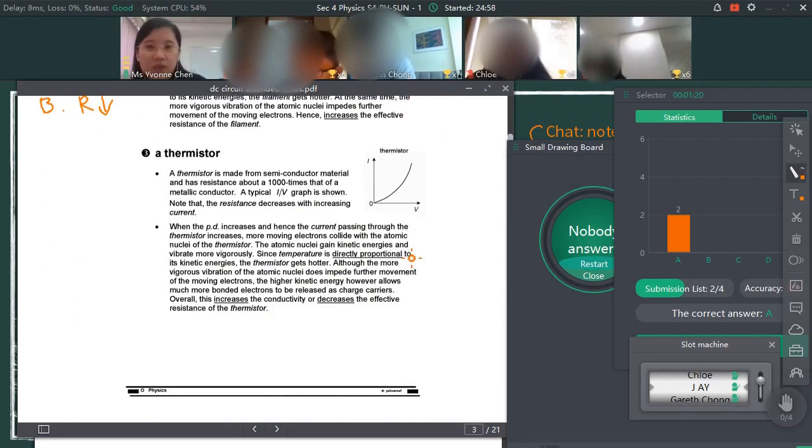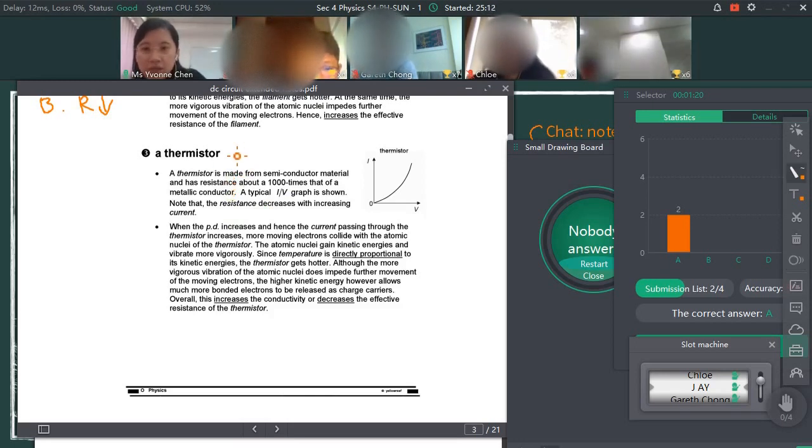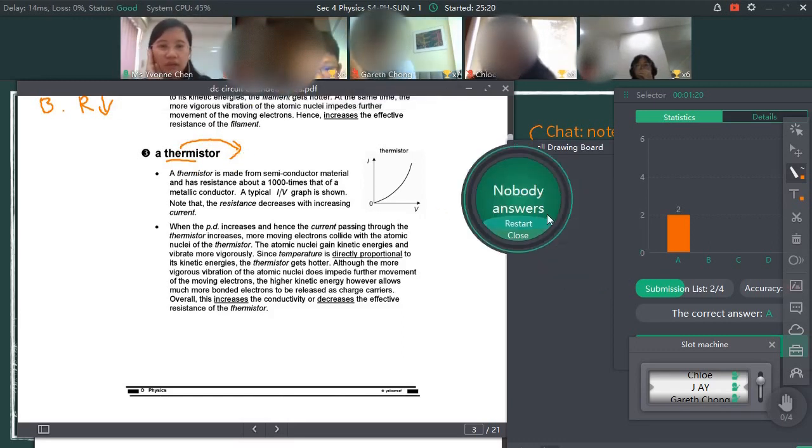Then we talk about the thermistor. Actually, we talked about the thermistor already, but briefly. A thermistor is a conductor. As for "therm", what does it tell you, class? In physics, what does "therm" tell you? Anyone who knows the answer can raise your hand or click the responder. What does "therm" represent?